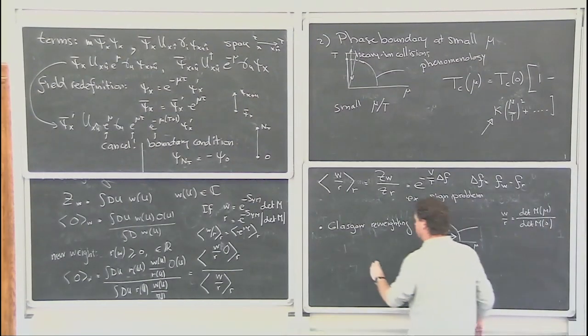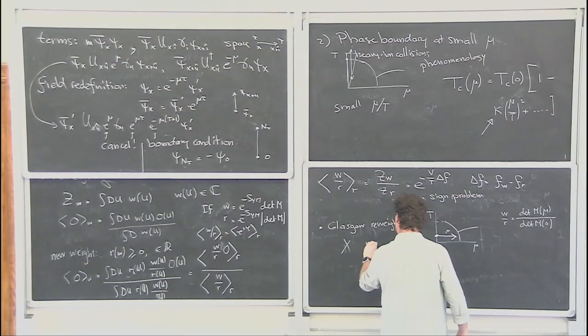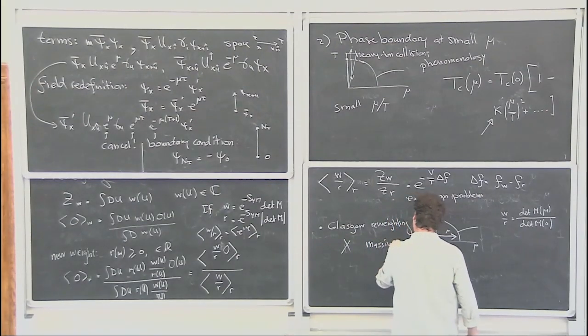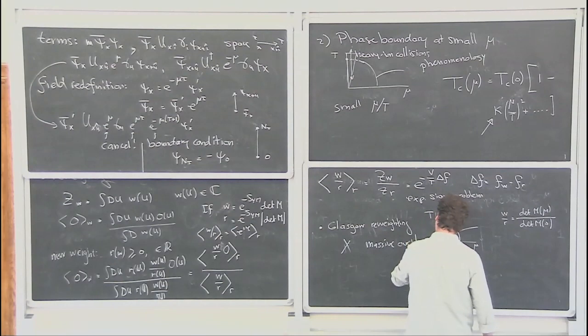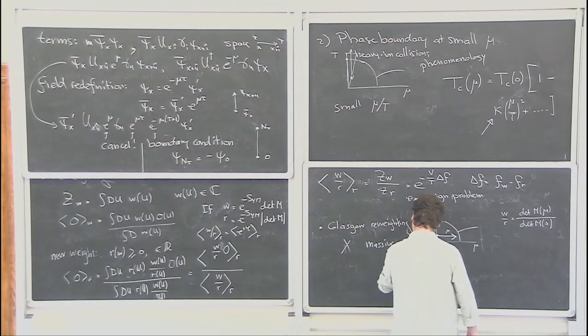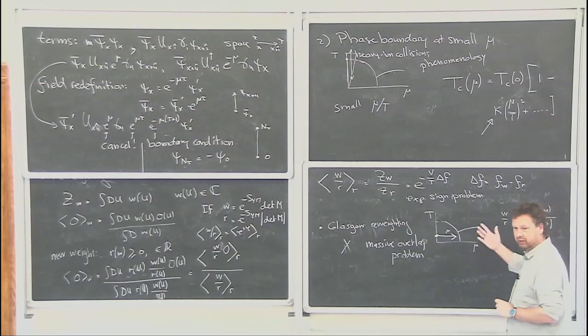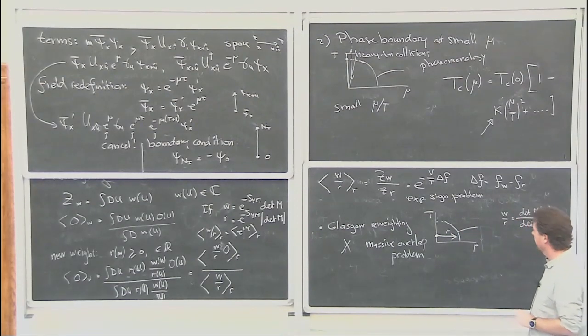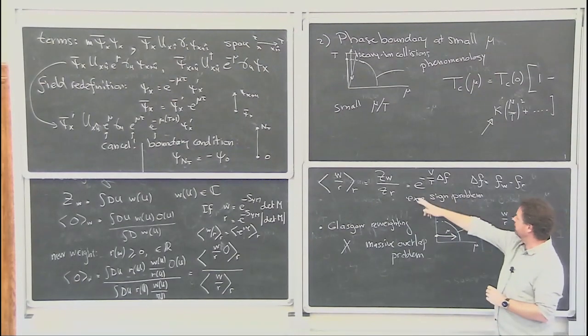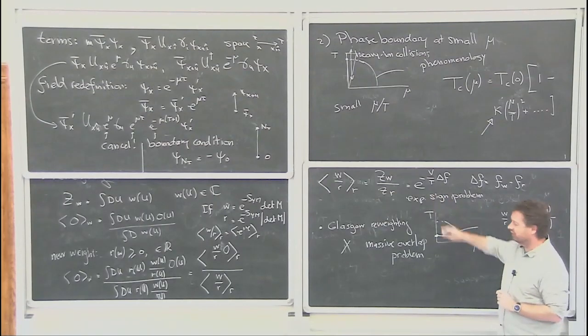So this problem completely fails and has a massive overlap problem. The configurations you collect by sampling at 0 mu have nothing to do with the configurations you're after. So this ratio here goes to 0 very, very fast.